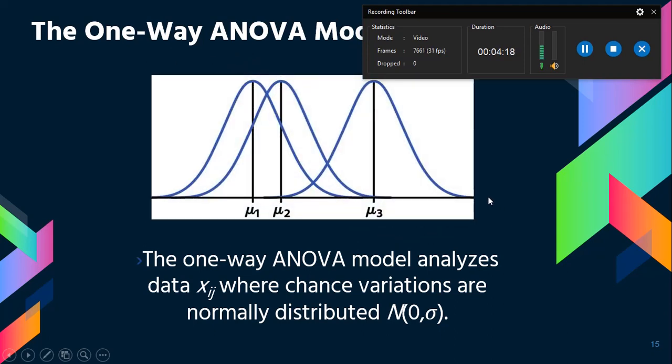So here's the comparison of 3 different groups. We don't know what the mean is, or mu, but the idea behind the ANOVA is, are the means all the same or are they different? So if you're just looking at these distributions, mu1 and mu2 are fairly close together. They're not identical, but then we can see that mu3 looks to be significantly different just from the model, okay?